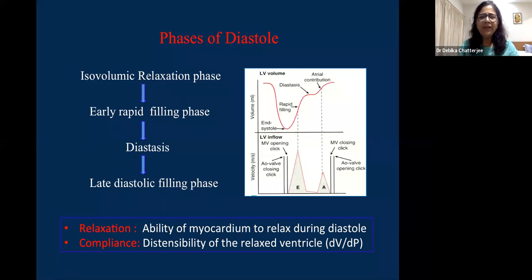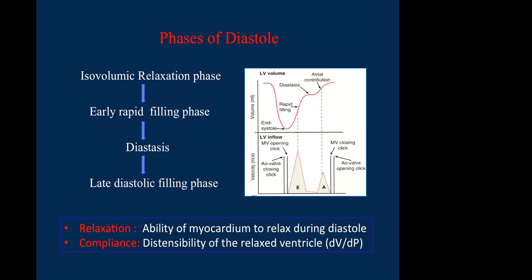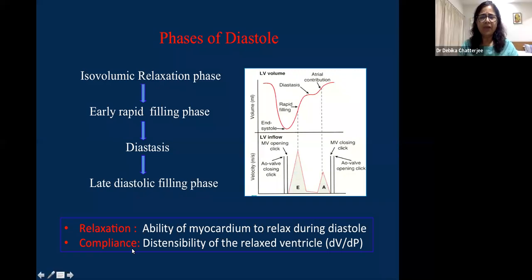So LV should be compliant enough to receive that whole amount of blood. So it's the distensibility of the relaxed ventricle. It's the response of the ventricle volume in change of pressure. Stiffness is the opposite word for compliance.